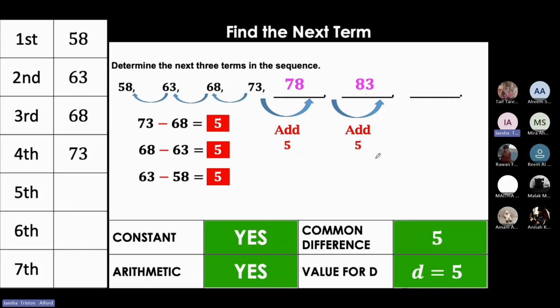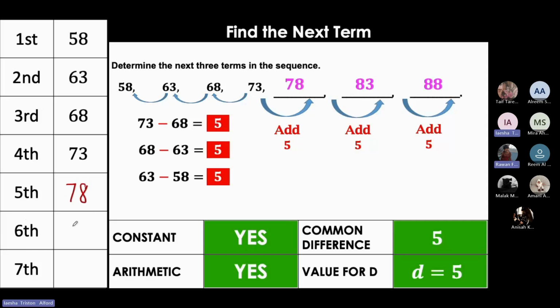Then 83 add 5 equal 88. Done. So what is the 5th, 6th, and 7th number? The 5th number is 78, the 6th number 83, and 88. That's it. They just want to know what is the next term.